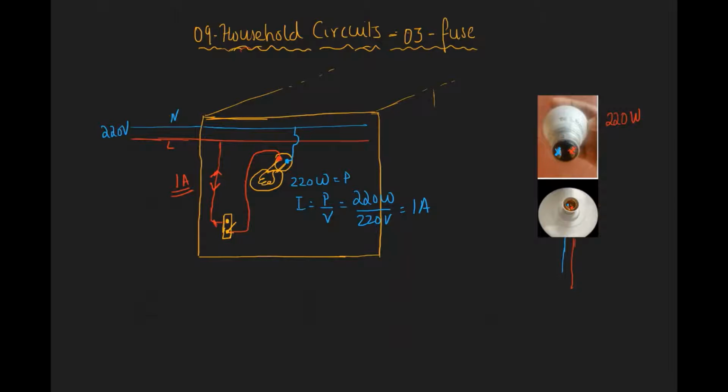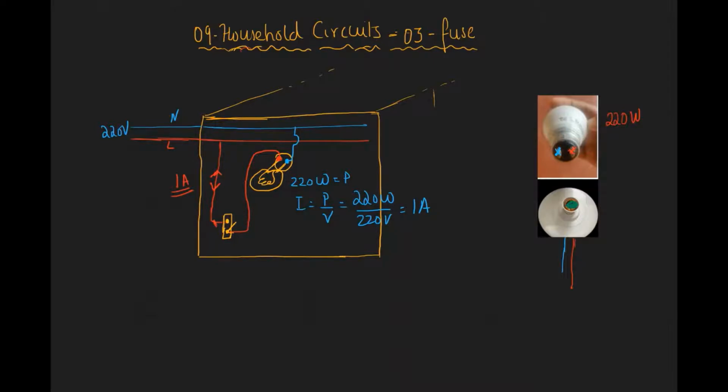Now let's assume for a moment I do something really stupid, right? I take a coin and I put it inside this bulb holder, and then I fix this bulb. Oh, before I do that, let's calculate the resistance of this filament. So what is the resistance of this filament?